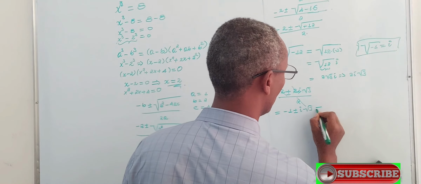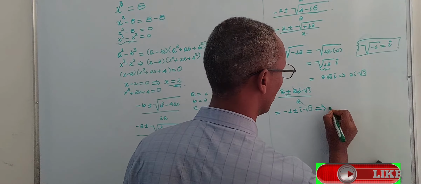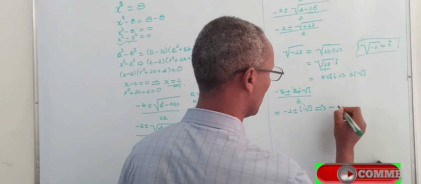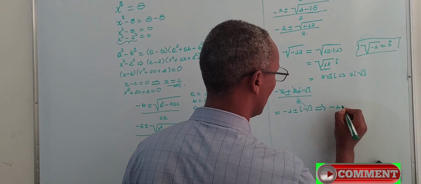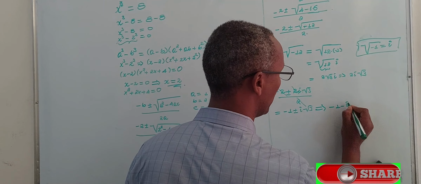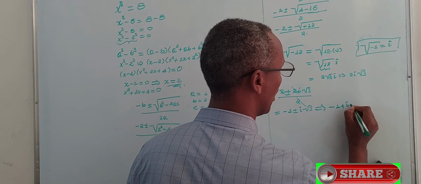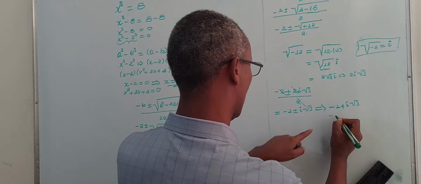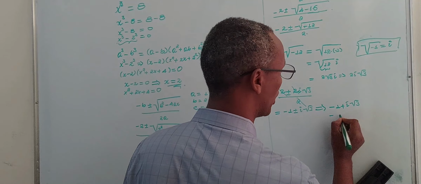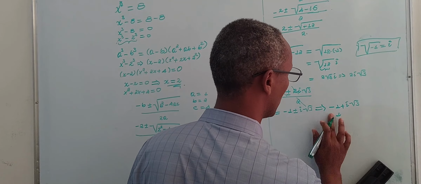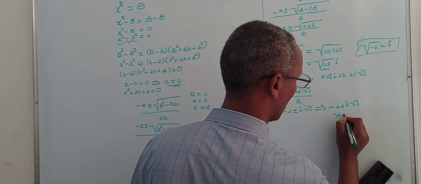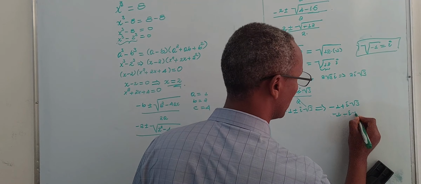So solution 2, S2, is minus 1 plus i square root of 3, and the other, S3, is minus 1 minus i square root of 3.